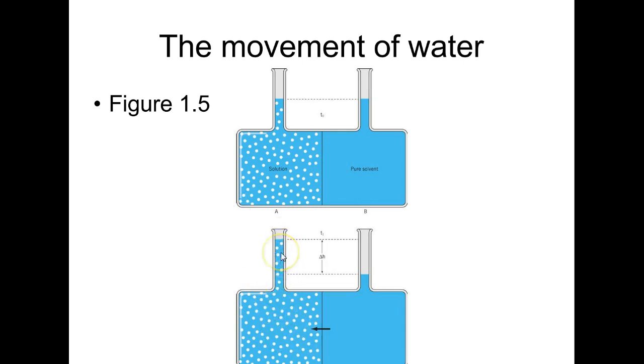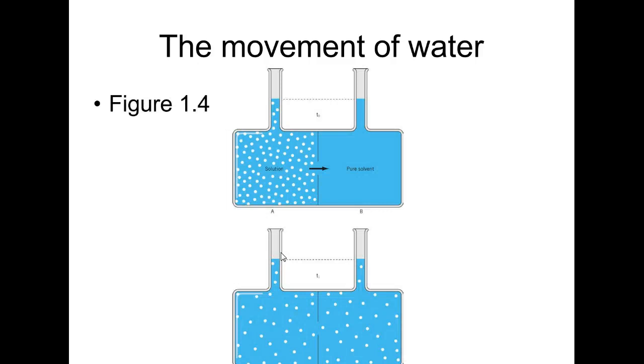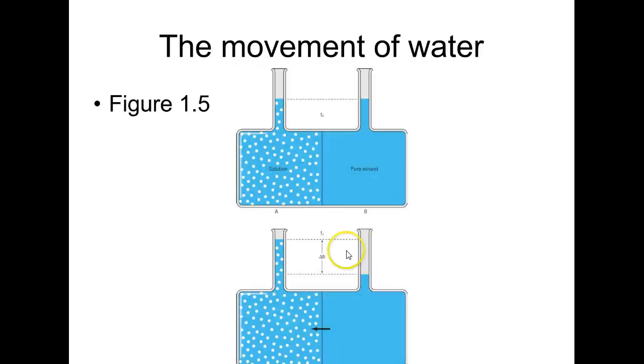Does that make sense? So if we go back here to this one, they're going to be the same. Now just think about this. So water is moving here. It can only move here. And guess what? The water's always going to be at a higher concentration here than on this side. So what happens then is we increase here, and this will move up until the force of gravity is equivalent to the force that's being placed on the movement of the water.